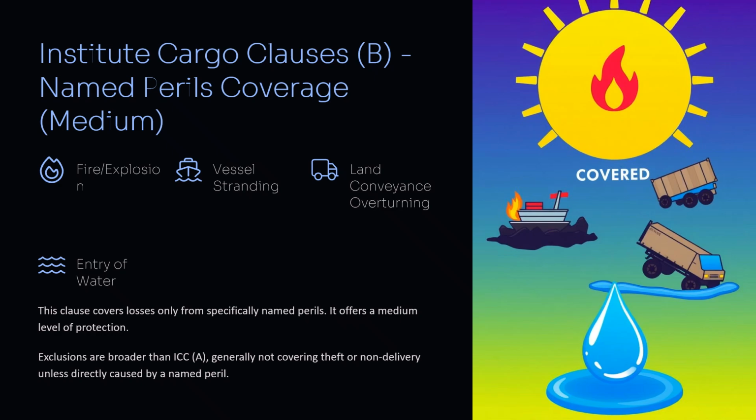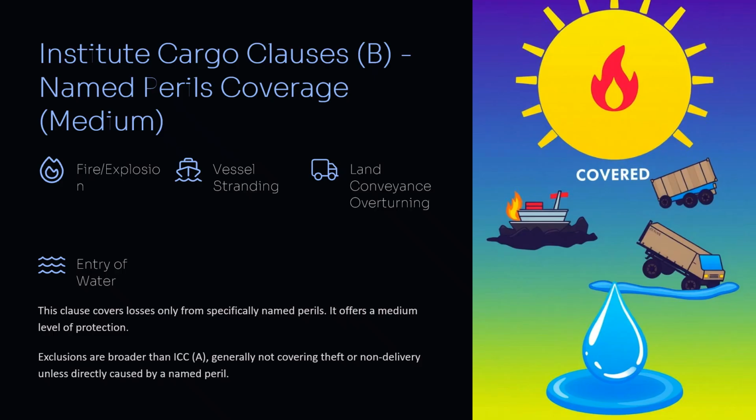Some of the covered perils include things like fire or explosion, if the ship runs aground, sinks or capsizes, or if the truck or train carrying your goods overturns. It also covers collision, cargo being unloaded at an emergency port, natural disasters like earthquakes, or even if the cargo is intentionally thrown overboard to save the ship. That's called jettison. It also covers water getting into the container or if a whole package falls overboard during loading.